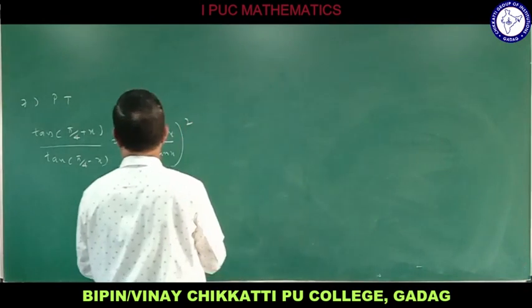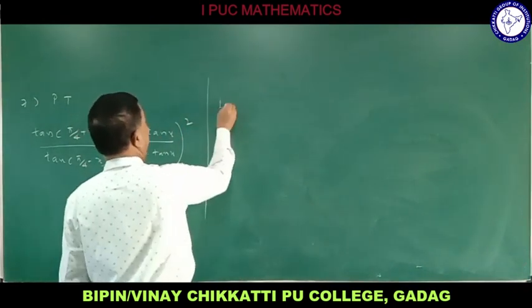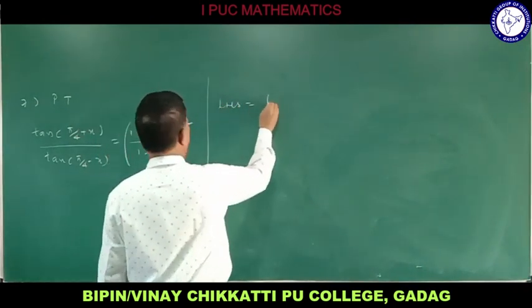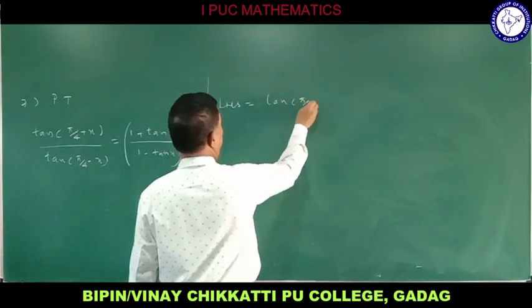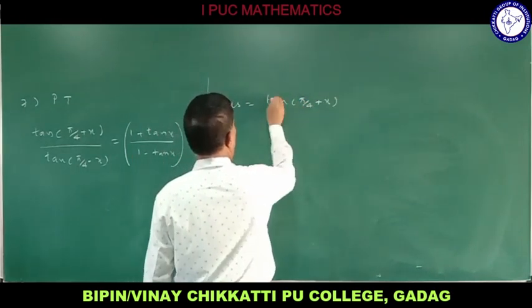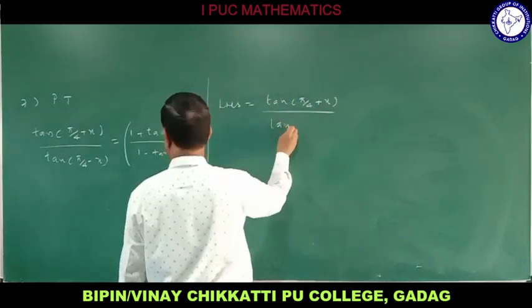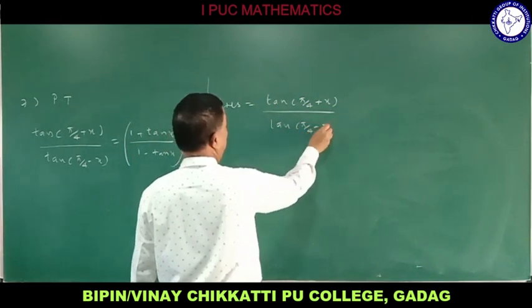What is LHS? LHS is tan of (5 pi by 4 plus x) divided by tan of (5 pi by 4 minus x).